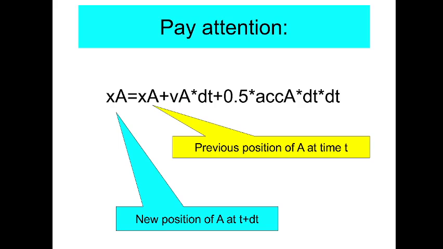Our key relation is the following. This is what rules the motion of our vehicles. We have the new position and the old position, xa, augmented by the initial velocity times the amount of time, plus 1/2 or 0.5, the acceleration and the time lapse at the second power.